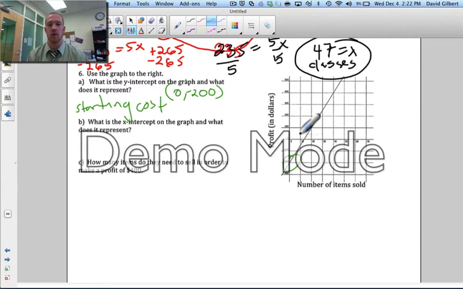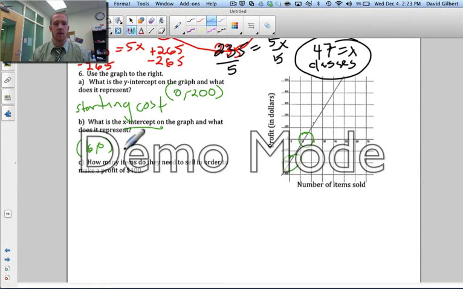The x-intercept is right here. It looks like it's approximately, go with 16. On a test, we'll give you one that's obviously very easy to see. We're going to say it's about 16. So (16, 0) is the x-intercept.